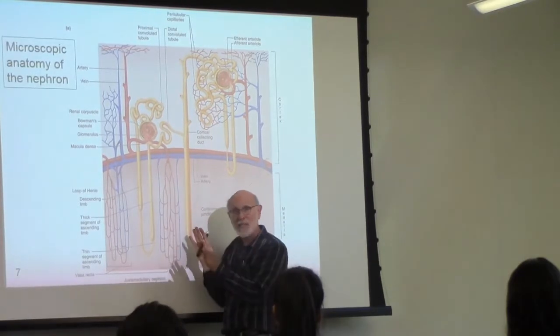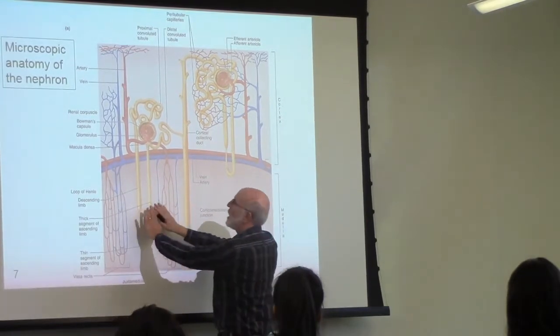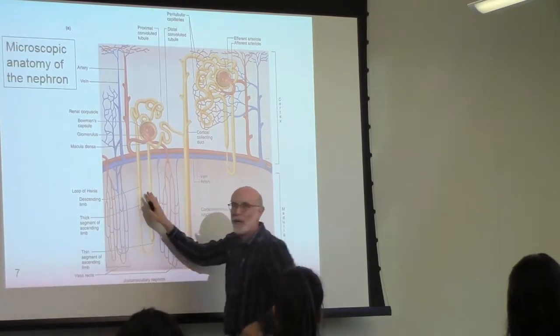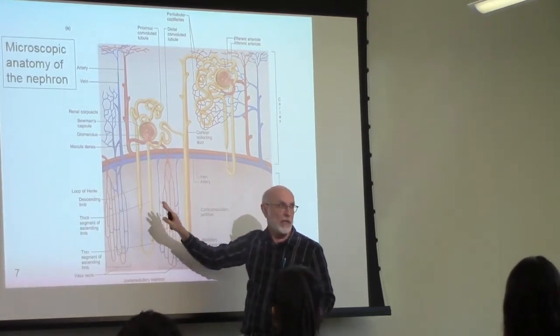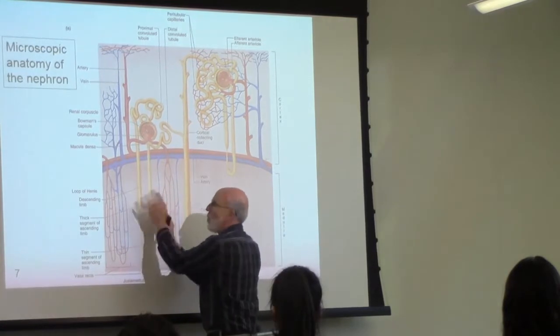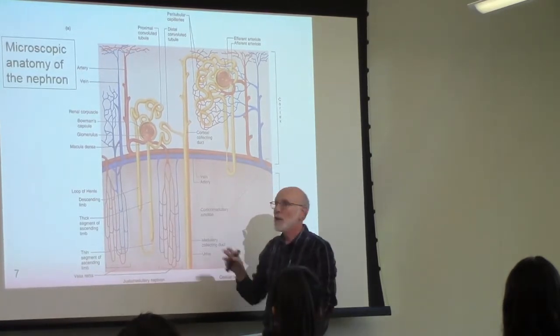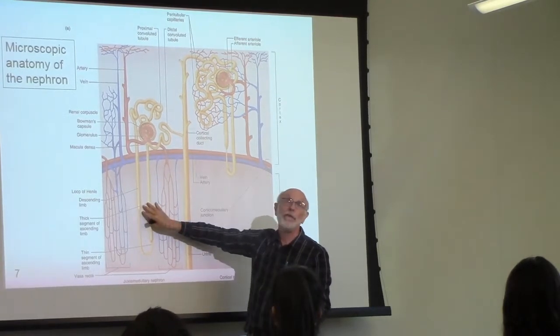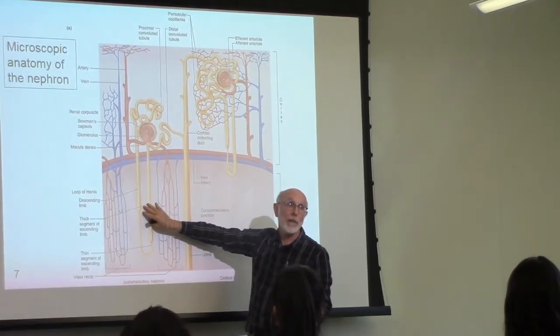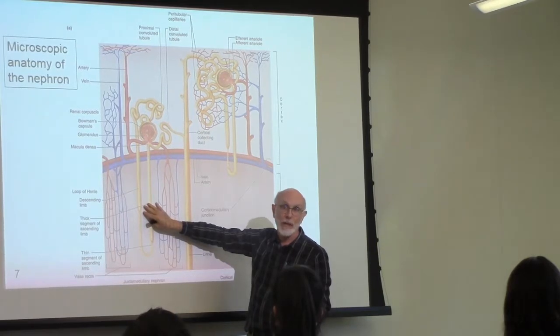So this figure makes it look like the vasa recta are separated from the loops of Henle. But in three dimensions and in real life, these things are merged together. So the vasa recta is going to be important for reclamation of fluid, water, from the loop of Henle.